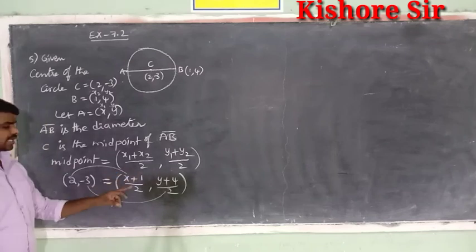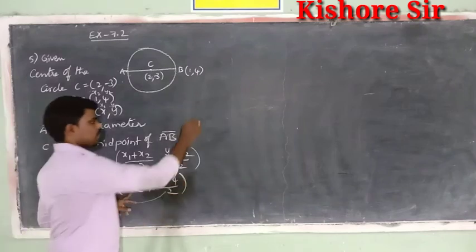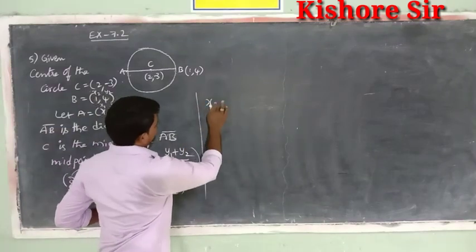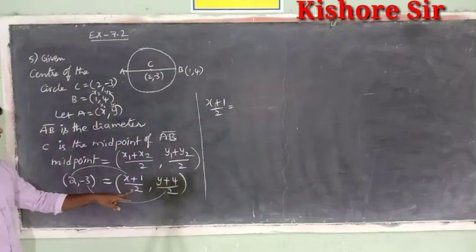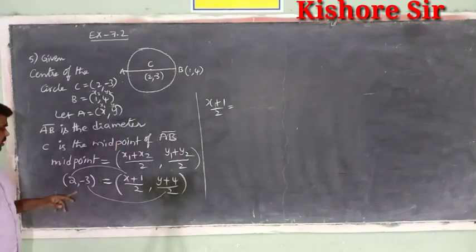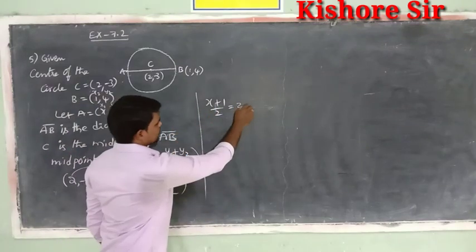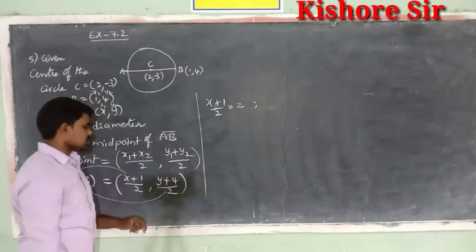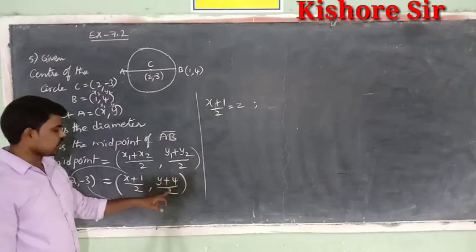Okay, so what is the x coordinate in RHS? X plus 1 by 2. So x plus 1 by 2 is equal to, what is the x coordinate in LHS? That is 2. So x plus 1 by 2 is equal to 2. So y coordinate in RHS, the y coordinate is y plus 4 by 2.